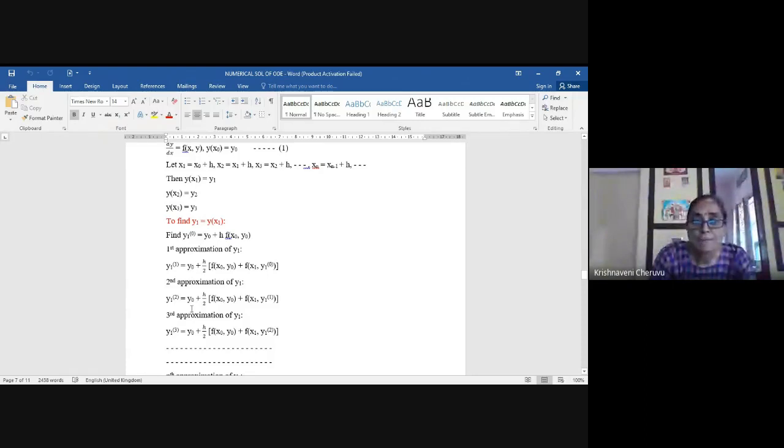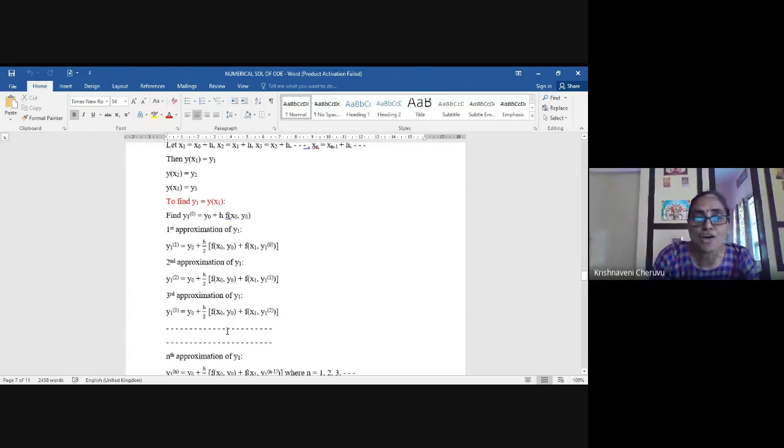The bracket tells you which approximation it is. The first approximation is y1 bracket 1, the second is y1 bracket 2, and the third is y1 bracket 3. To get y1 bracket 2, compare: y0, h by 2, f of x0, y0 are common. The only difference is that earlier we had f of x1, comma, y1 bracket 0, and here you will have f of x1, comma, y1 bracket 1. The previous approximation is substituted here.